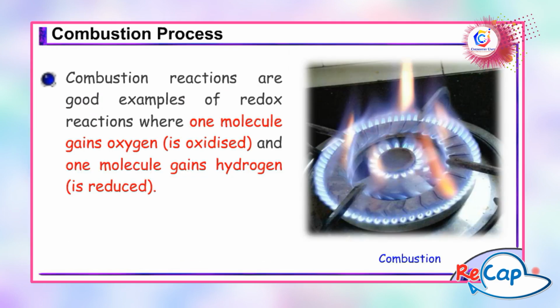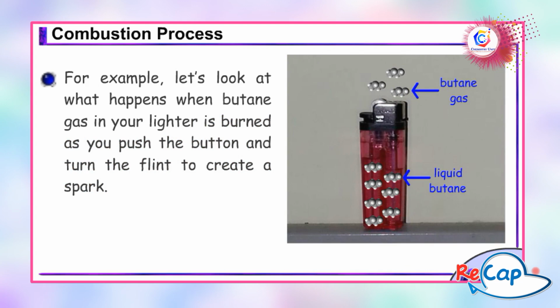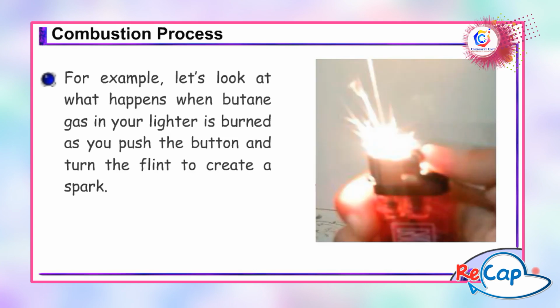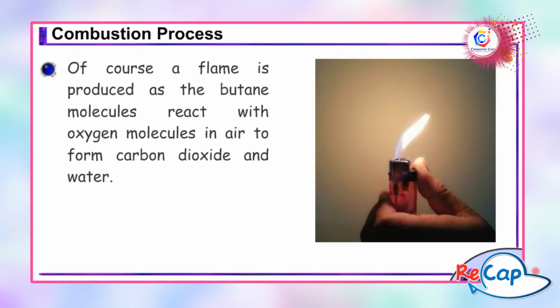Combustion reactions are good examples of redox reaction where one molecule gains oxygen, where it is oxidized, and one molecule gains hydrogen, where it is reduced. For example, let's look at what happens when butane gas in your lighter is burned as you push the button and turn the flame to create a spark.